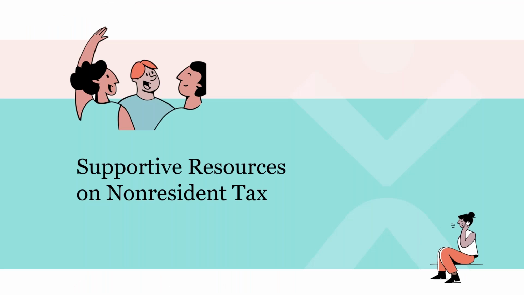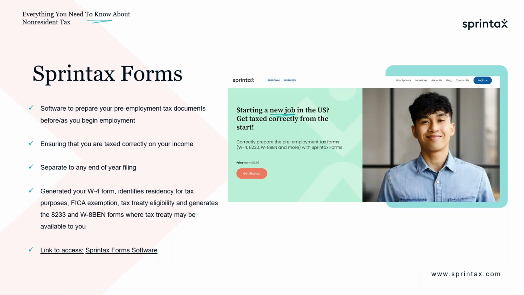Then just wanting to show you some of the Sprintax resources that we have for non-resident tax. One that I mentioned around the tax treaty piece was Sprintax forms. So this system can help on the pre-employment side of things with everything from determining your residency for tax purposes, determining if you should be exempt from FICA or not, your tax treaty eligibility, generating tax forms like your W4, 8233, and W8 Ben.